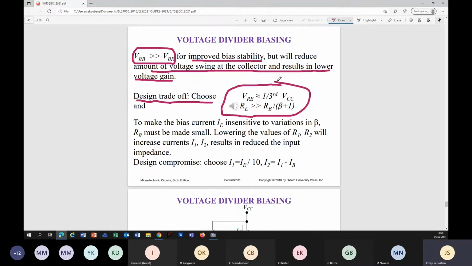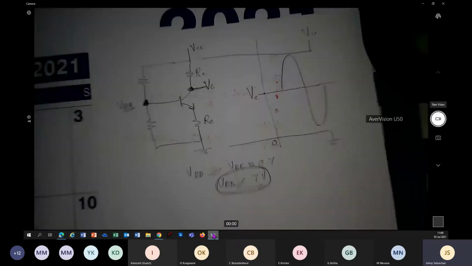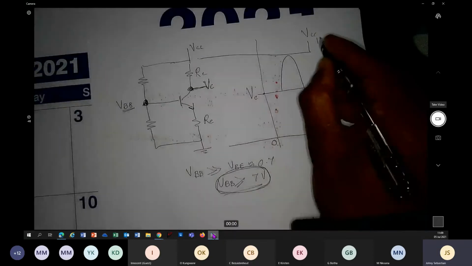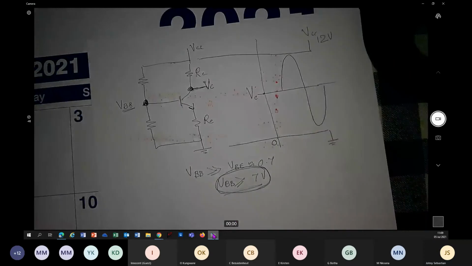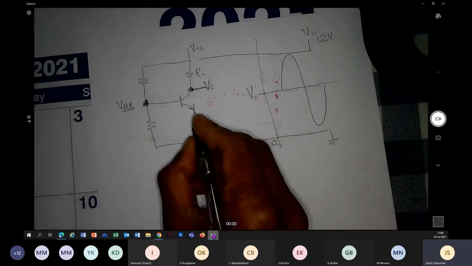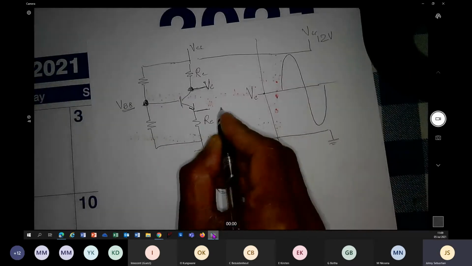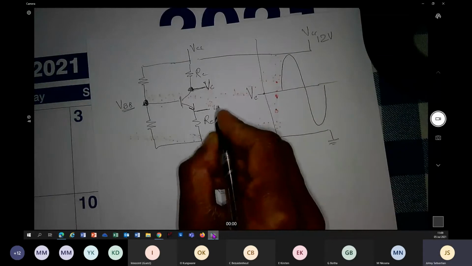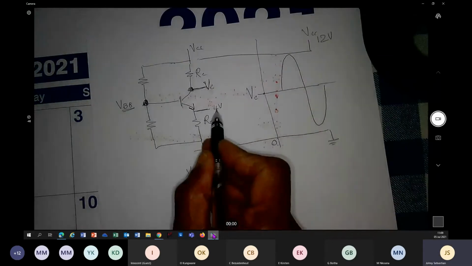This is the compromise we are going to choose: voltage across RE around 1/3 VCC. Let's see what exactly it means. Let's say VCC is 12 volt. So we are going to choose the voltage at the emitter as 12 divided by 3, around 4 volt. Voltage at the emitter is 4 volt.